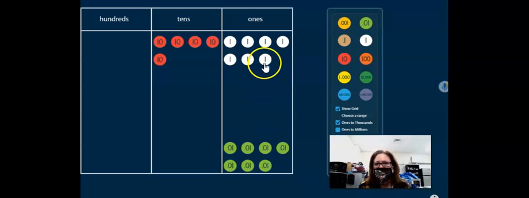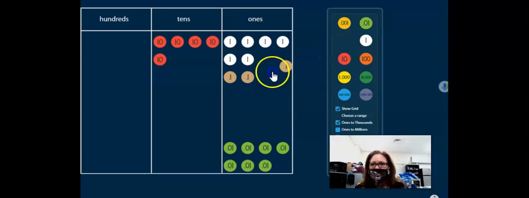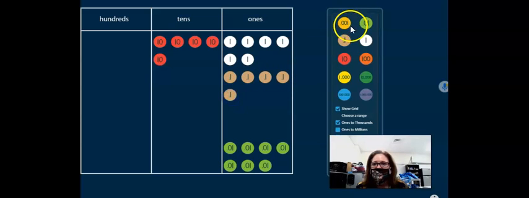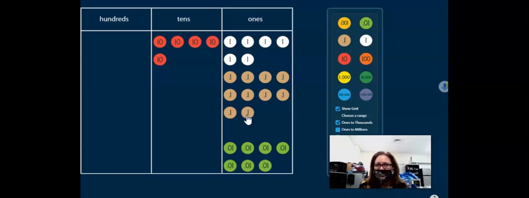Okay, so I'm going to have to trade 1 one for 10 tenths. So 1 tenth, 2 tenths, 3 tenths, 4 tenths, 5 tenths, 6 tenths, 7 tenths, 8 tenths, 9 tenths, 10 tenths. Okay?